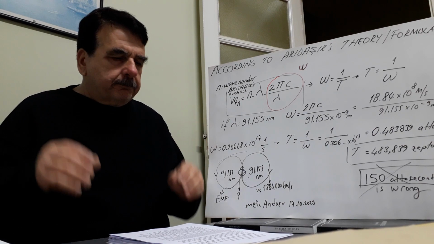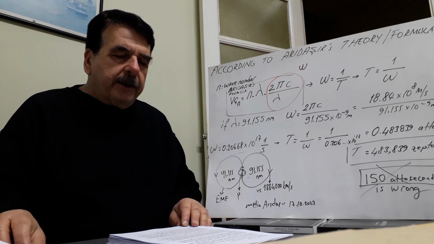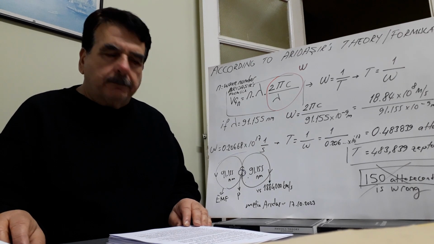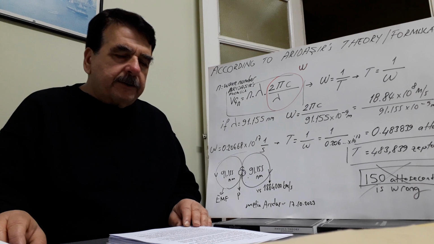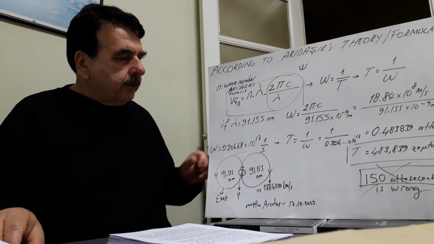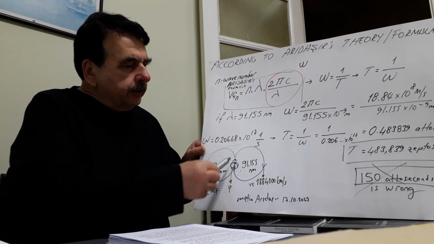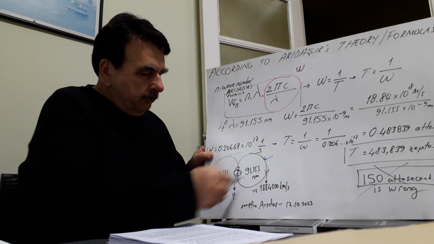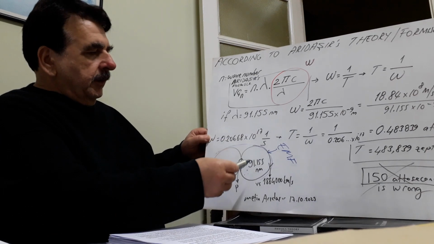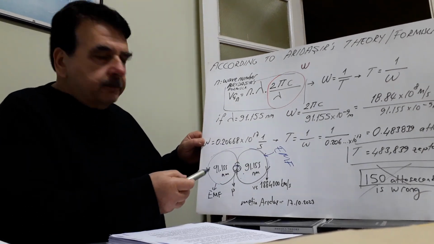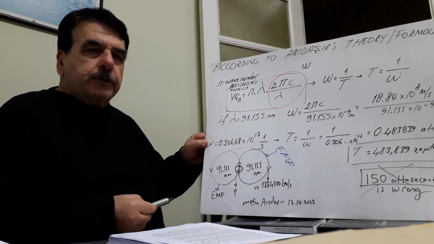Electron motion form is not an object or point particle revolving around the proton. 91.155 nanometer wavelength sized electron motion form makes joint motion, proton, electron motion form. Okay. This electron motion form makes joint motion with a proton.